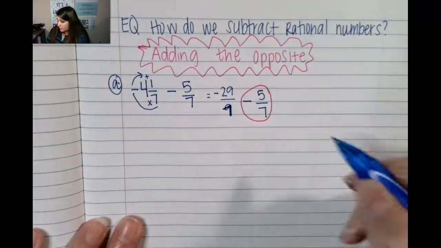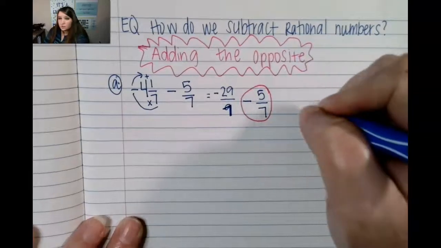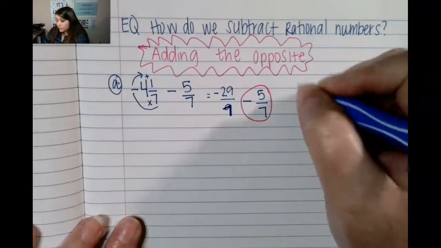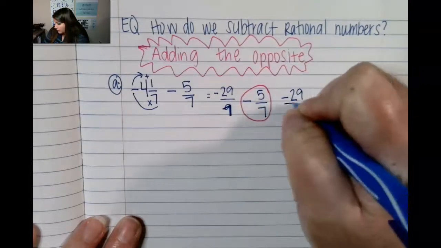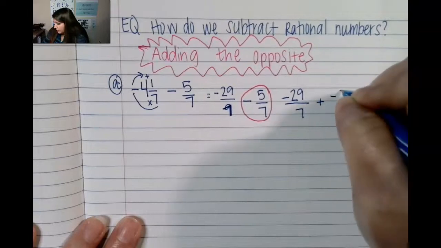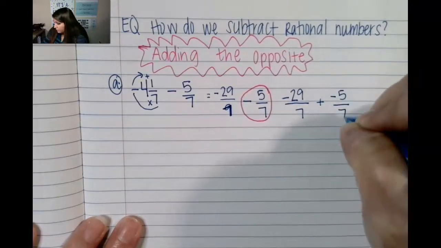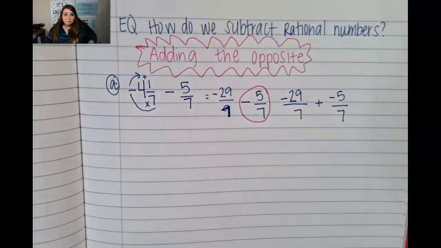So since it says to remove 5/7, I'm really going to add -5/7. So this looks like -29/7 plus -5/7. You have the exact same thing that we did in our last lesson.